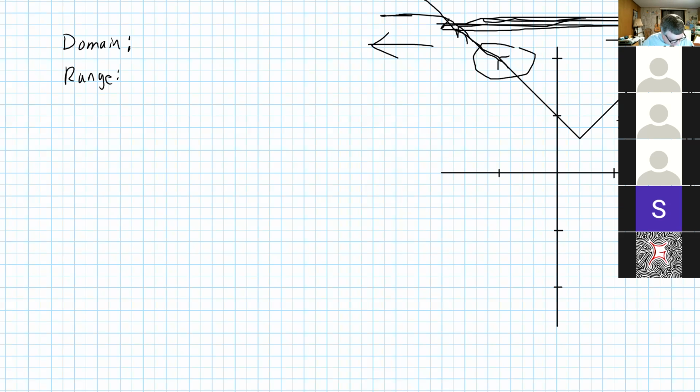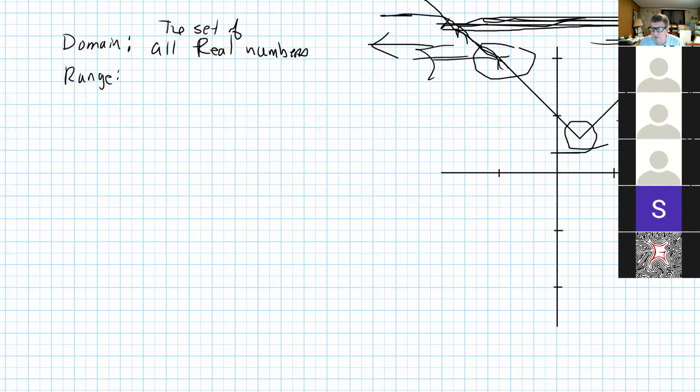So your domain would be all real numbers, or the set of all real numbers. Because again, as this thing goes up, it's going over. As this thing goes up, it's going over. So eventually that graph would go from negative to positive infinity in terms of x. But now look at y. Where does y start?